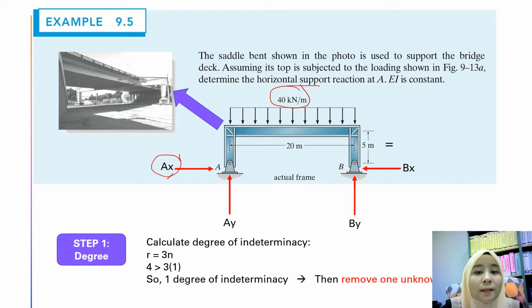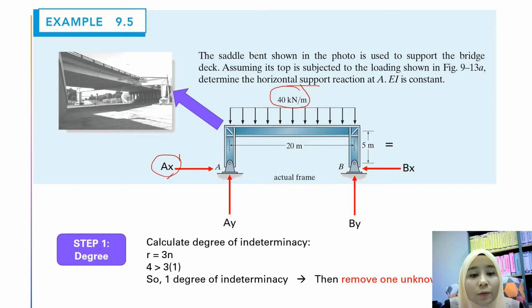Okay, step one, you need to calculate the degree of indeterminacy. R is equal to 3n, where R is the reactions. Now you have 4: AX, AY, BY and BX. And then 3n, where n, the number of members, is 1. This one we calculate as 1 member, a frame attached to each other.